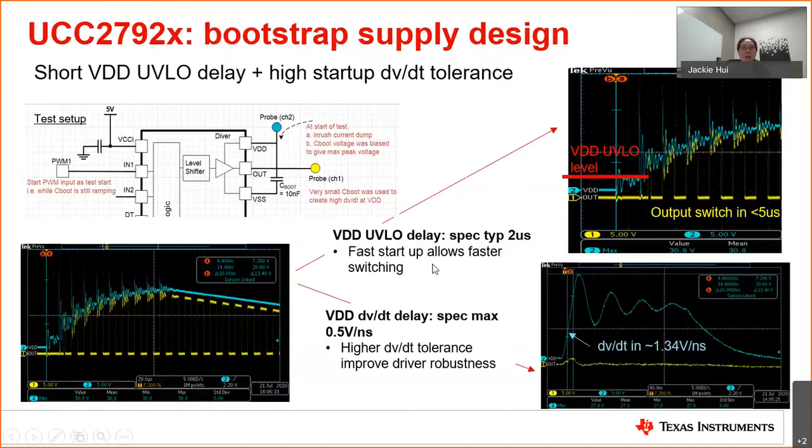What it means is it allows the system to start switching relatively quickly. It also gives you one less worry when you design your boot cap, because you don't have to include in the boot cap value an allowance for significant UVLO delay time.